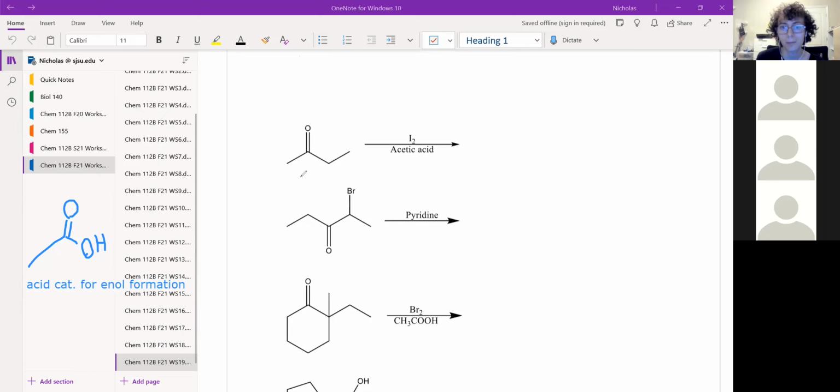But what enol are we going to form here? There's two potential ones. Form the more substituted one. Yeah, so the one on the right.